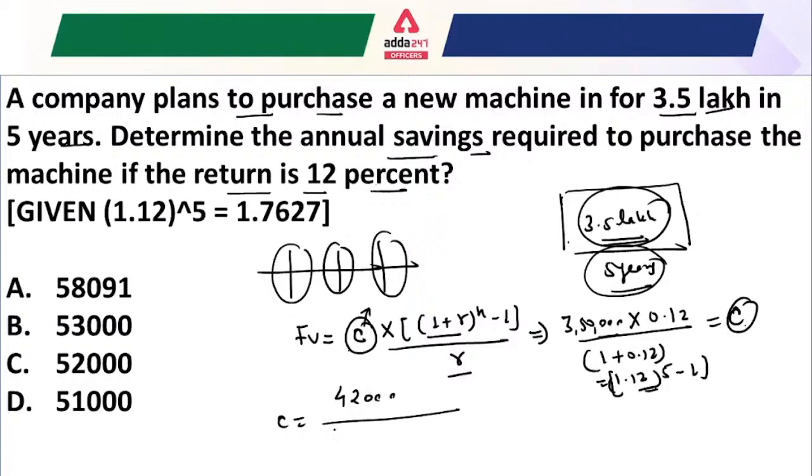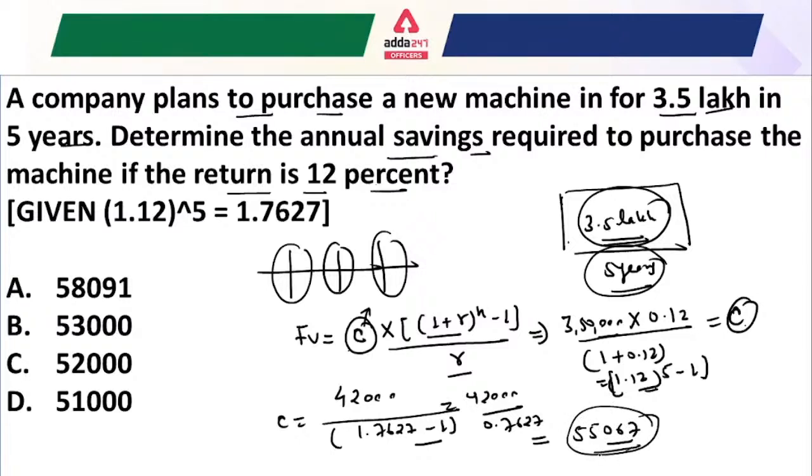And now the 1.12 to the power 5 value is given as 1.7627, and minus 1, so 42,000 divided by 0.7627. Tell me what will be the answer here. That 42,000 divided by 0.7627, so the value would be 55,067 something, okay.